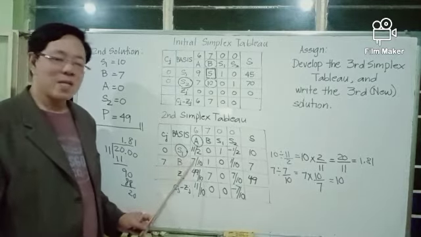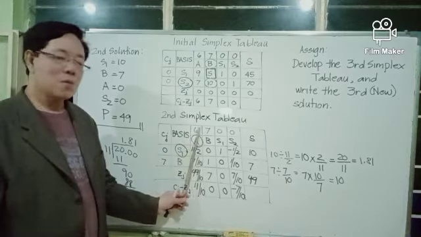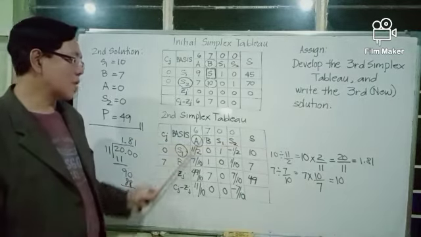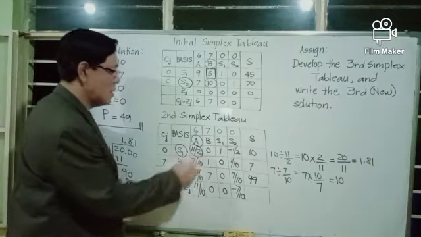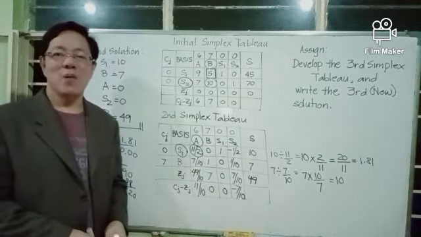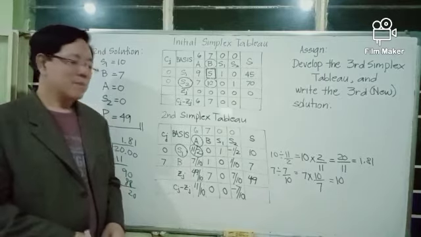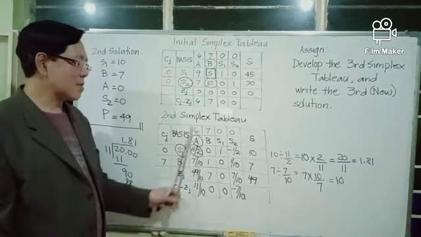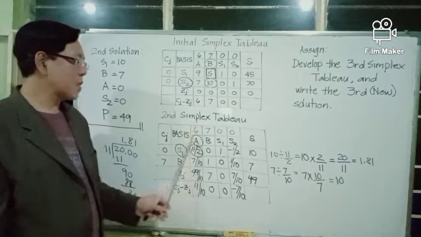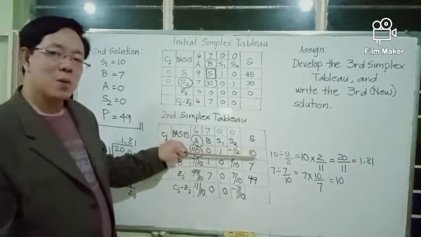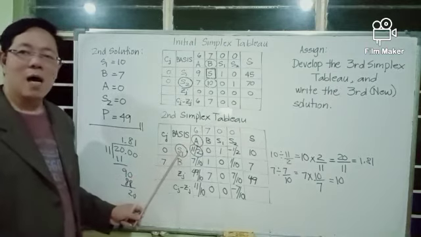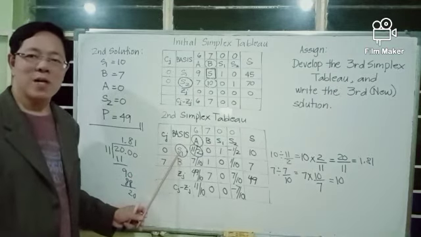And the element at the intersection of the pivot column and the pivot row is 11 over 2. 11 over 2 is our pivot element.